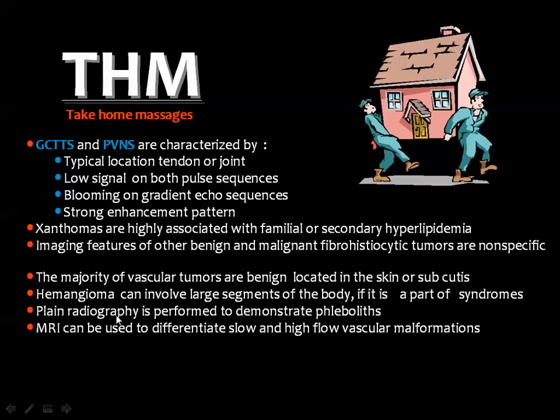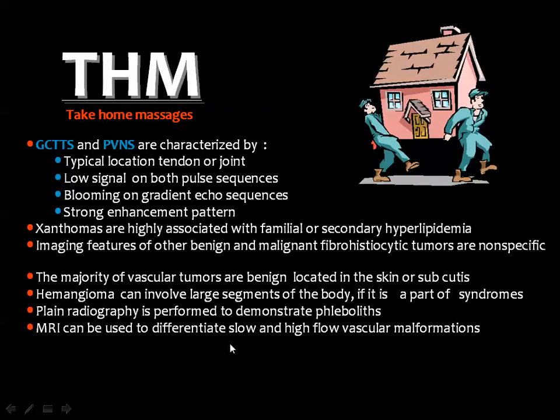The majority of vascular tumors are benign, locating in the skin and subcutaneous tissue. Hemangioma can involve a large segment of the body if it is a part of a syndrome like Klippel-Trenaunay syndrome. And plain radiography is very helpful for the diagnosis of hemangioma because of its ability to detect phleboliths.